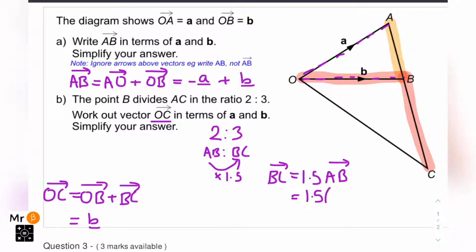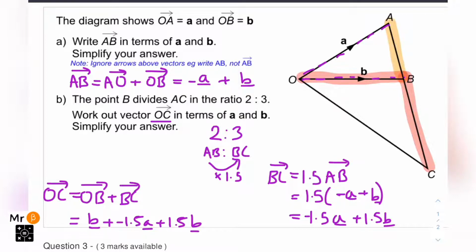We worked this out in part A. That was equal to minus A plus B. If we now multiply out this bracket, we would have minus 1.5 lots of A and plus 1.5 lots of B. So we've just worked out what BC is. So now we're going to fill in back over here what BC is. So minus 1.5A plus 1.5B.